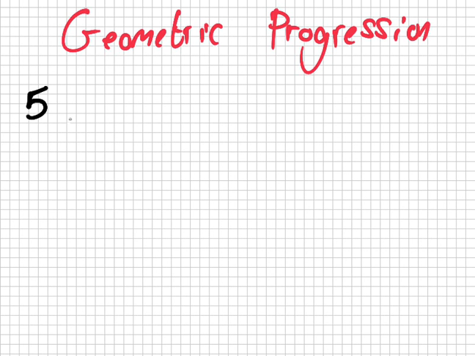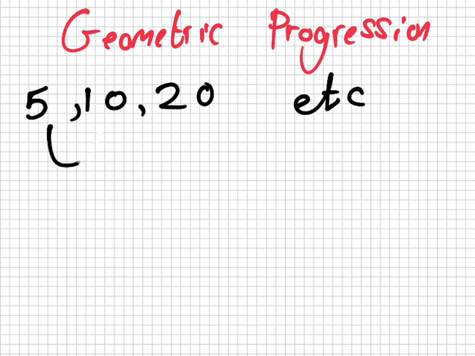So for example, we have 5, 10, 20, etc. So here in this example, what am I multiplying by? 2 each time. Right? Each time I multiply by 2.